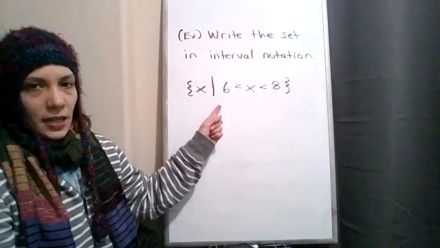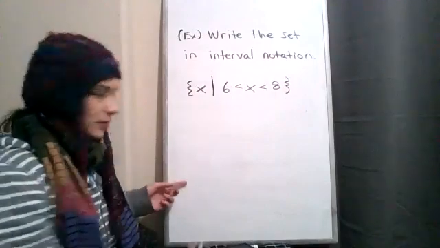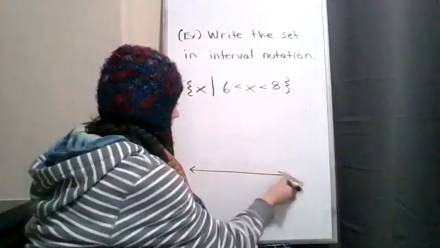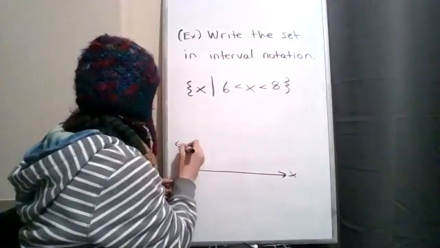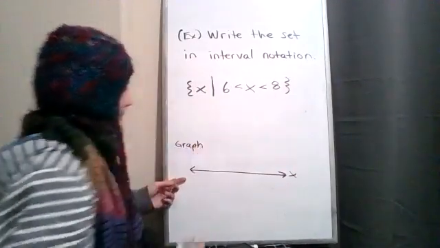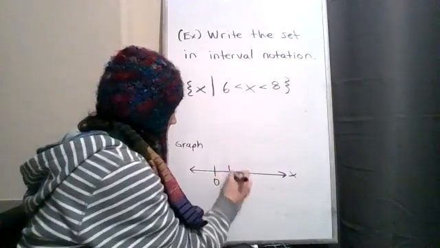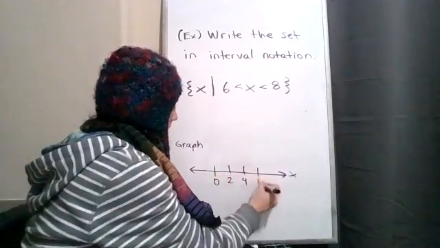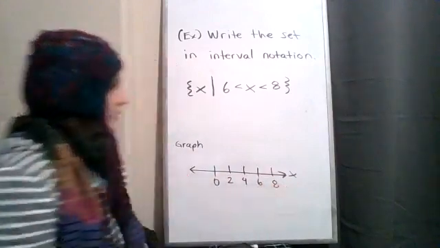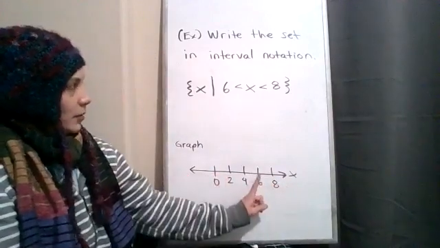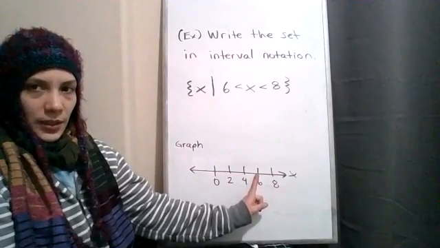Okay, I think a graph helps, so we're still going to draw a graph over here. Let's put some units down. 0, 2, 6. Oh, we're up here. We're not going to include 6.